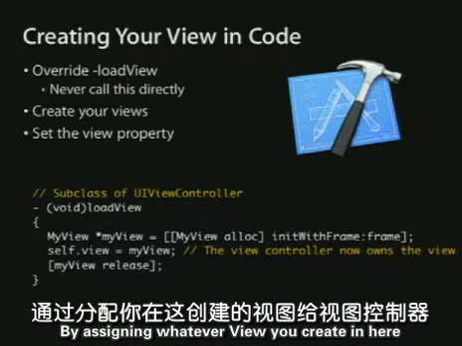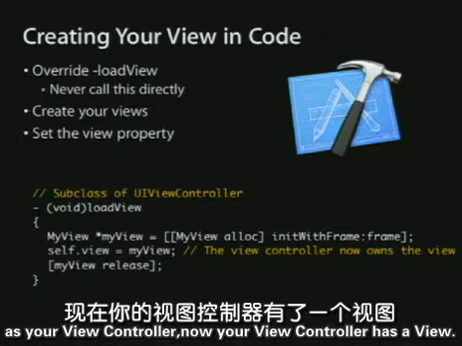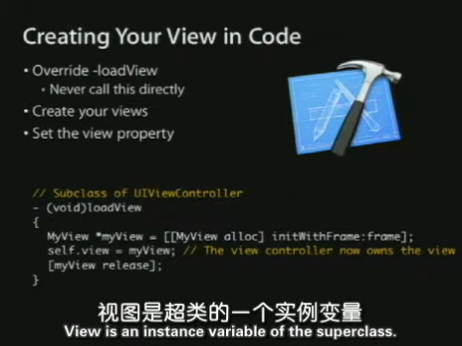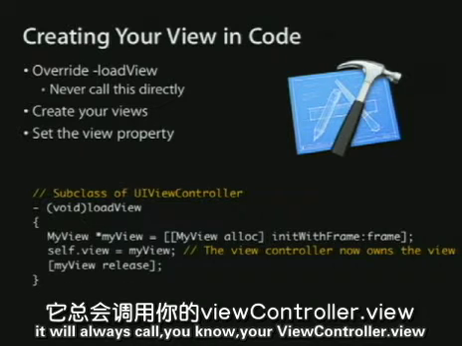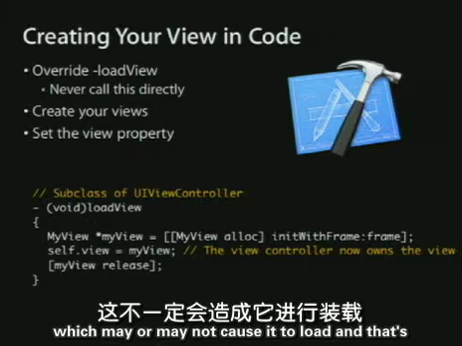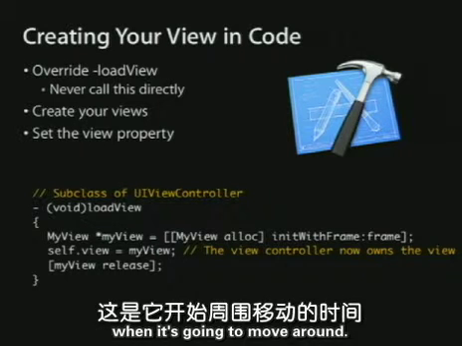By assigning whatever view you create in here, now your view controller has a view. That view is an instance variable of the superclass. Whenever the application wants to display that view controller, it will always call your viewController.view, which may or may not cause it to load, and that's what it's going to move around.